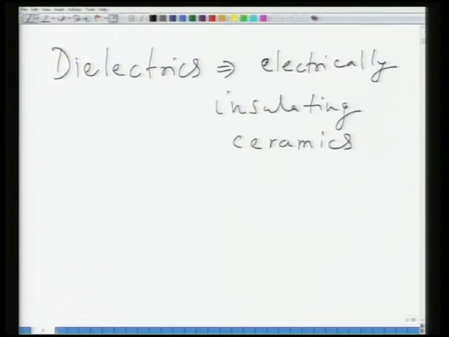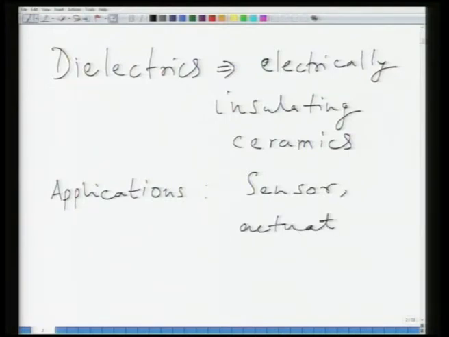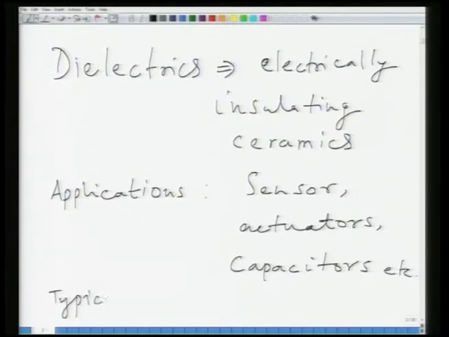and they are used in a variety of applications, as I said, sensors, actuators, capacitors, etc. Plenty of applications depending on the type of the ceramic, and typically no long range conduction.